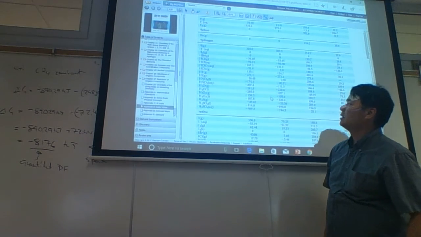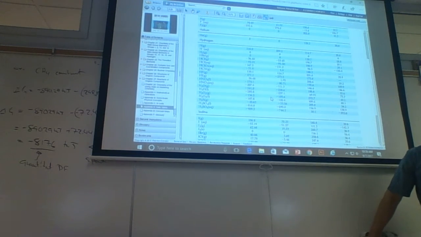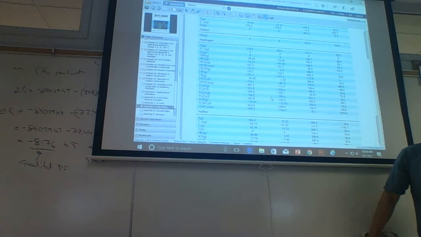H2O solid is not there. Why is that? Because the data for this table is at 298. Is there much H2O solid at 298? No. That's not going to be a stable phase of water.